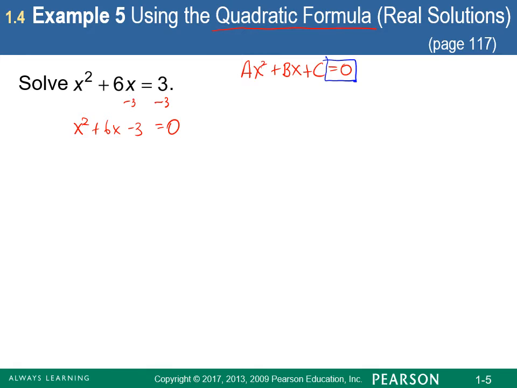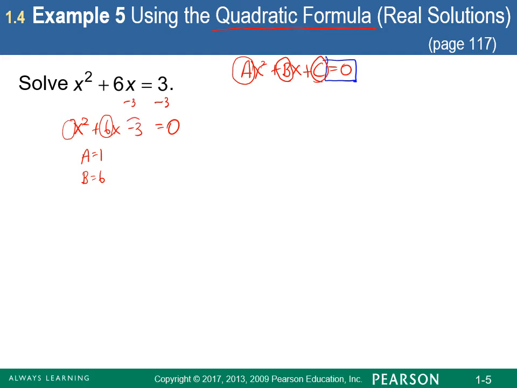Now in the quadratic formula, the value of a is the coefficient on the front of the x squared. Now nothing there means that the coefficient is a 1. I'm going to write that down. The b means the coefficient in front of the x. And the c means the number out by itself.